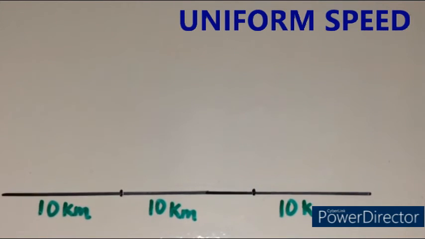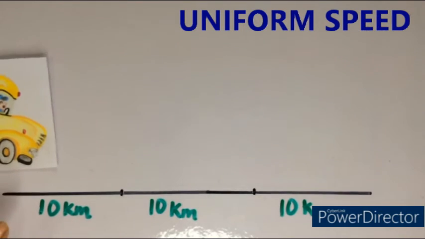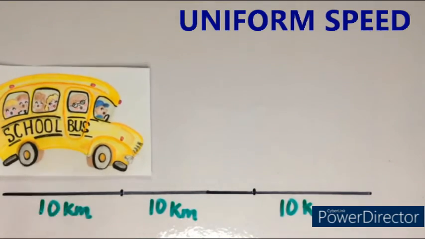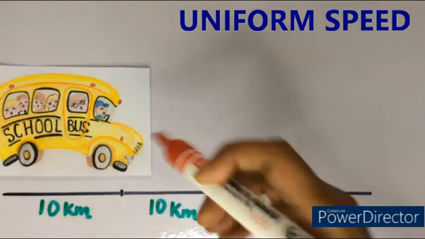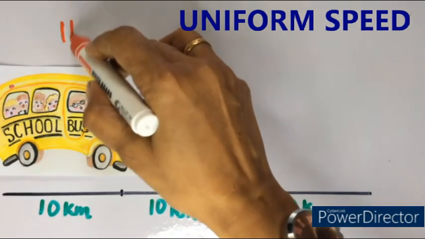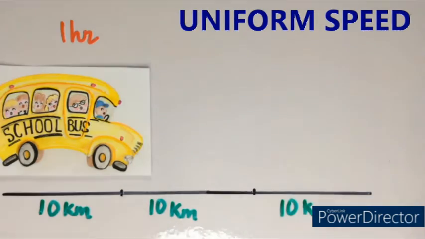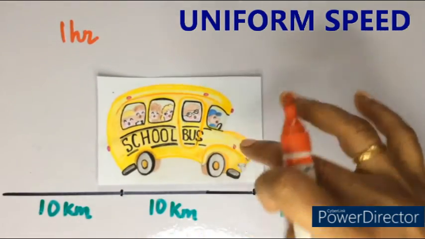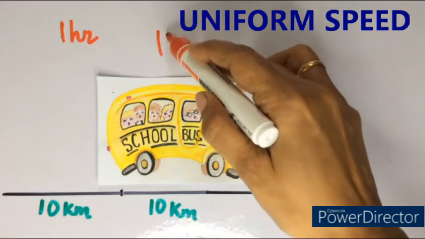Now I'll explain uniform speed with an example. Suppose we have a bus. This bus covers 10 kilometers in, say, 1 hour. Again, the next 10 kilometers is covered in another 1 hour.